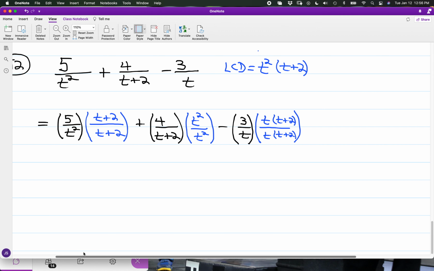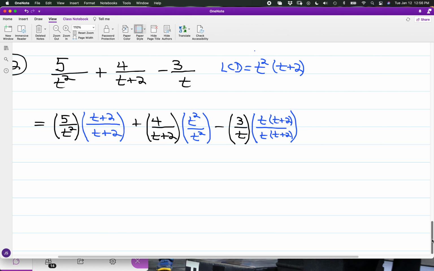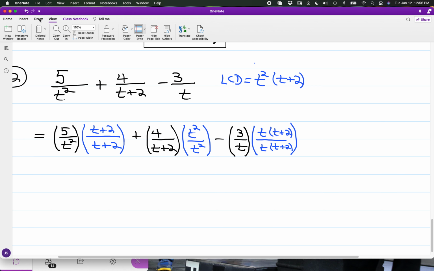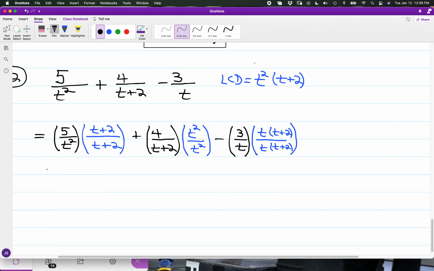And so in looking at what we have here, throughout we're going to have the same denominator, t squared times t plus 2. t times t is t squared, and you still have times t plus 2.